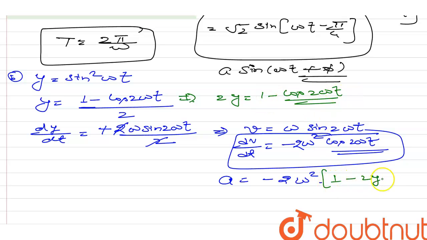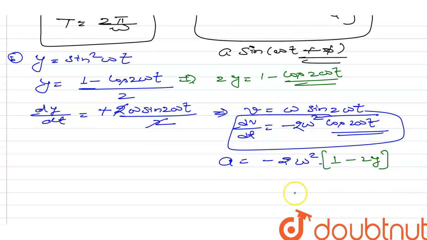Actually, the minus sign will not be here, because the differentiation of sin omega t is cos omega t. So this is the equation for the acceleration.